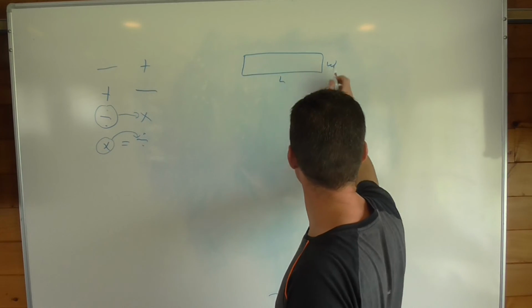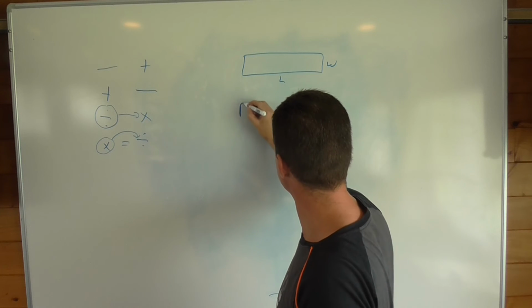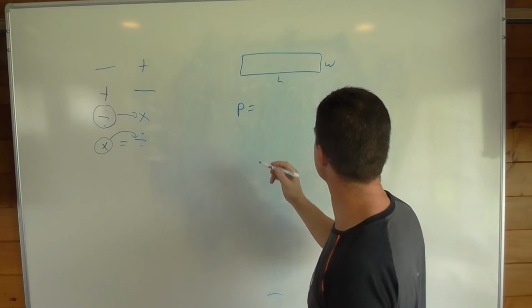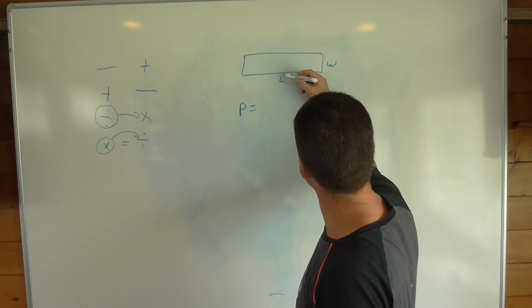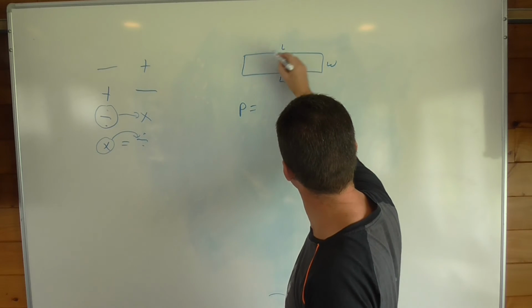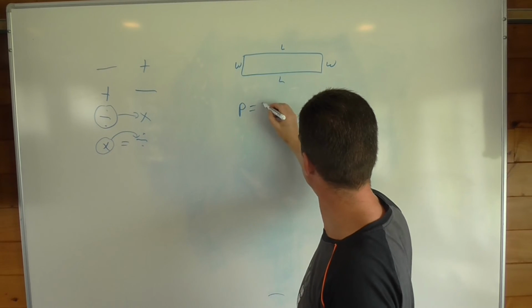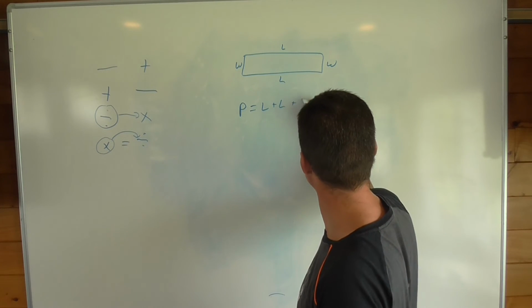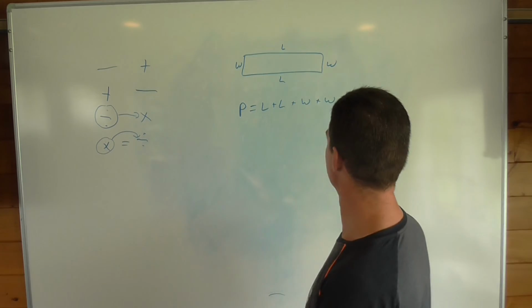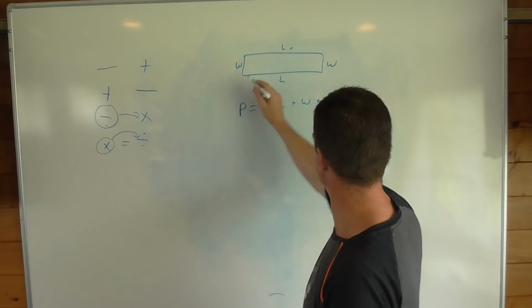The perimeter is around it. So let's say your perimeter equals, that will be length, length, width, width. So it's length plus length plus width plus width. Because there's two lengths and there's two widths.